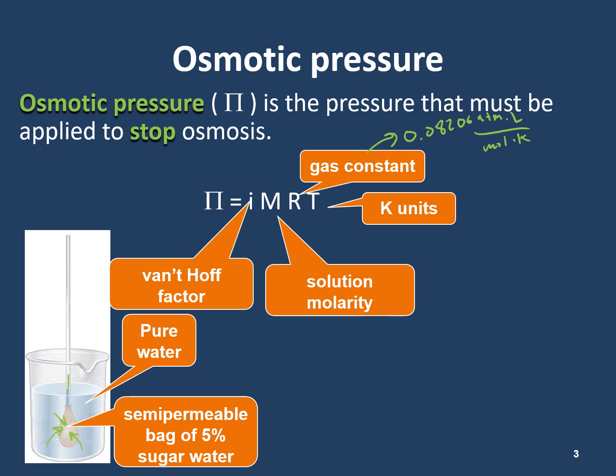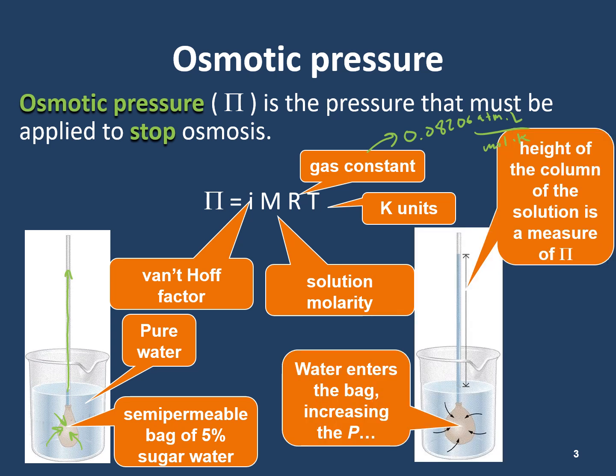That's going to cause this liquid to rise up the glass tube. If we measure the difference in height between where the water went and the height of the water in the beaker, we can calculate the osmotic pressure. We also need to know the pressure in the room. We're not going to do this. We're going to use the equation, but this is how you could measure it in a lab setting.